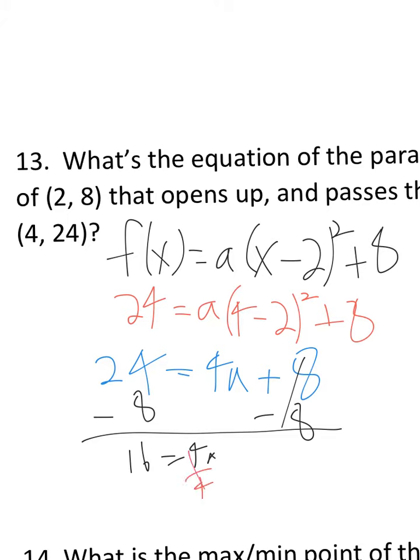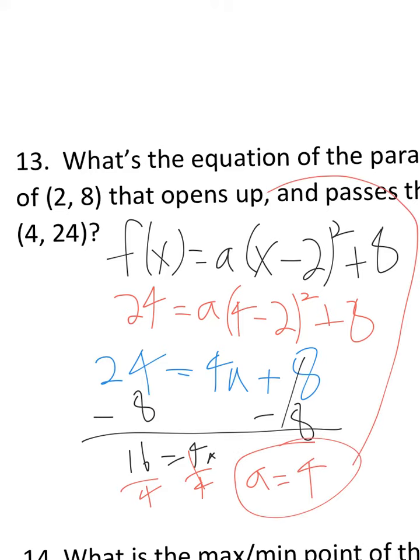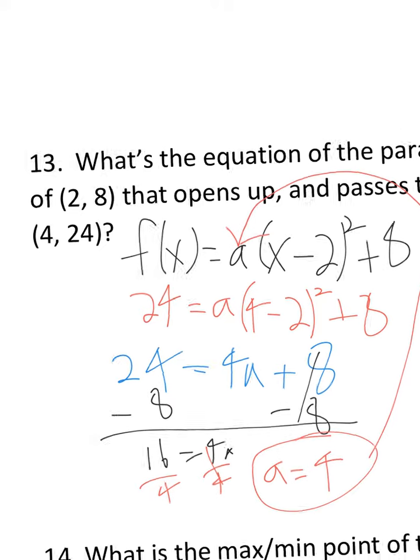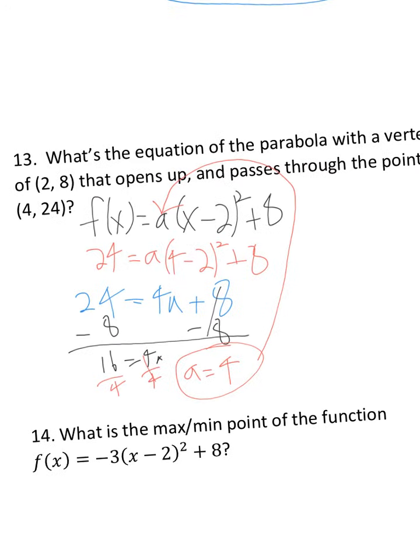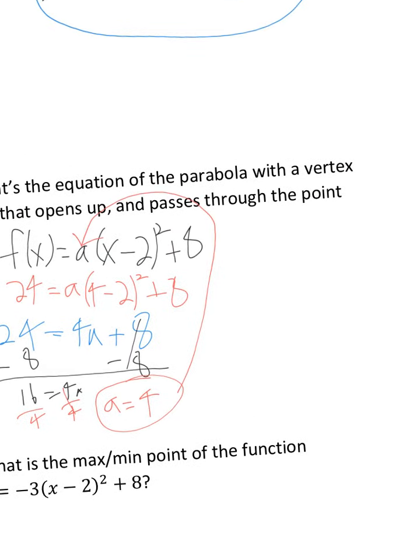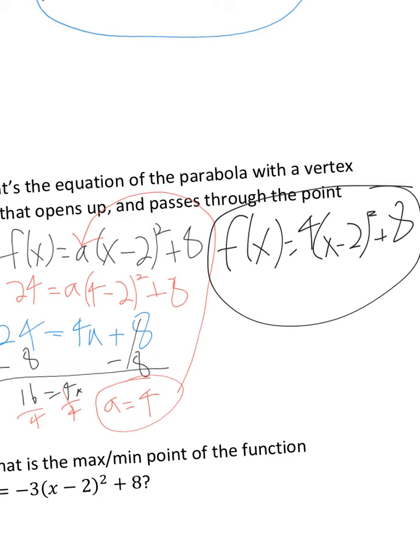So divided by 4, you get a equals 4. Once you figure out a, plug it in right there. So your final answer: f of x equals 4 times x minus 2 squared plus 8. There we go.